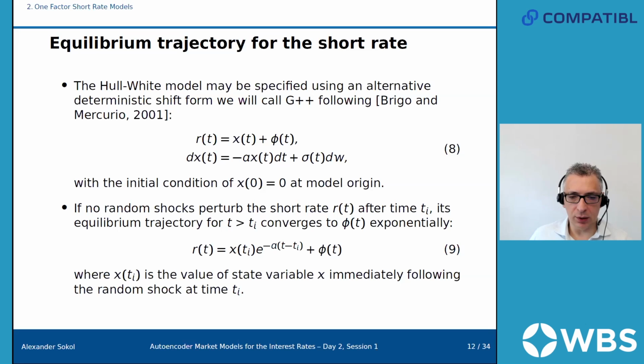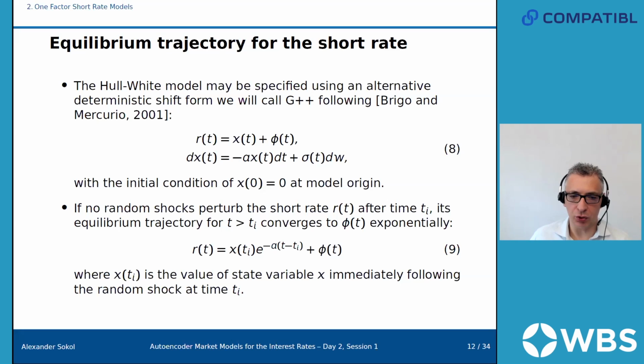And the reason we did that is because then it's very easy to see the behavior of the short rate if no random shocks occur after time t_i. Imagine that there is a sequence of model times t_i, from 0 to infinity, and imagine that random shocks occurred at these times up to t_i, but t_i was the last shock.